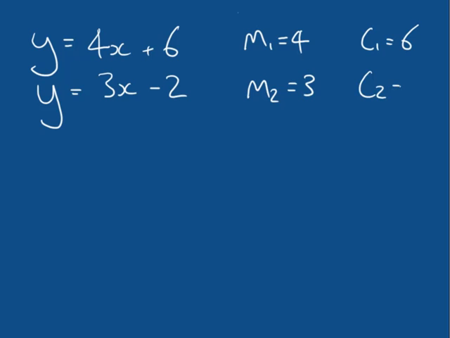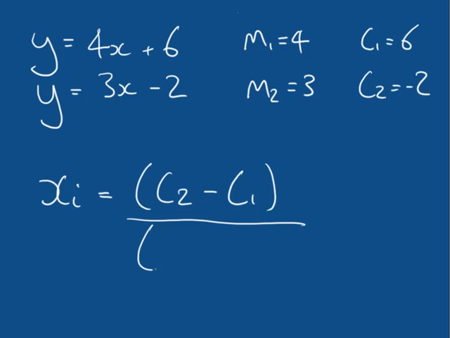And C2 is equal to minus 2. We now have the four constant values that we need to evaluate our xi equation. So xi is equal to, if you recall back, C2 minus C1 over m1 minus m2.